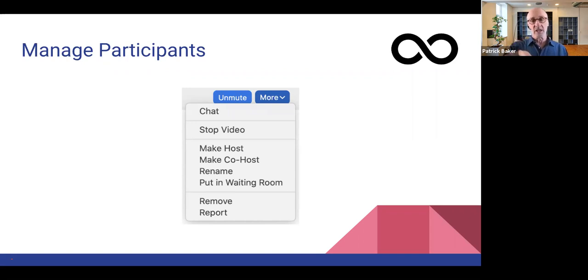Another option, if their video was not already running, would state, ask participant to start their video, as an example. You can make anyone in the participants list the meeting host, where you're no longer the host.